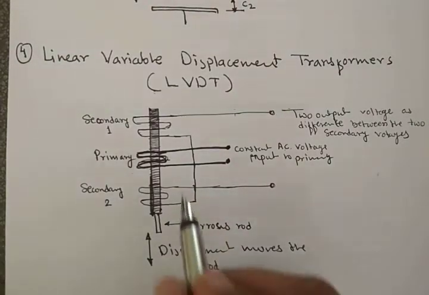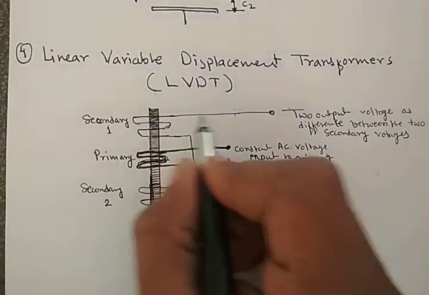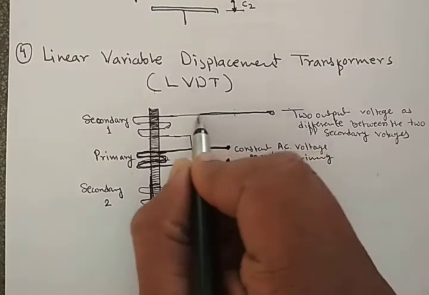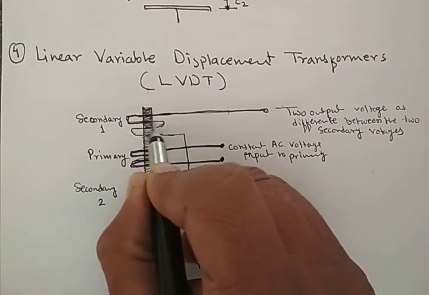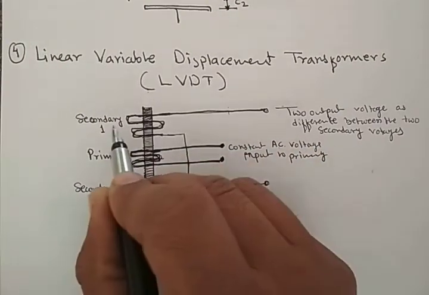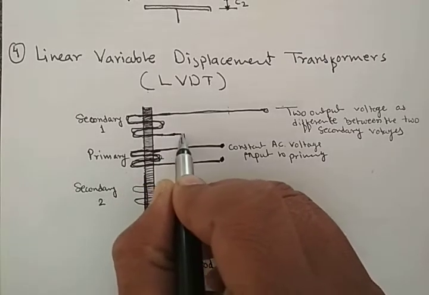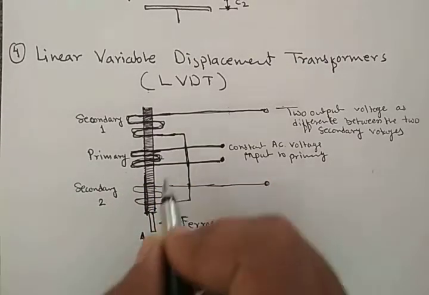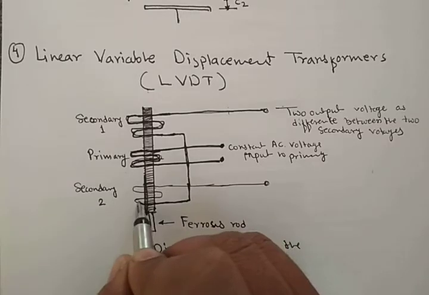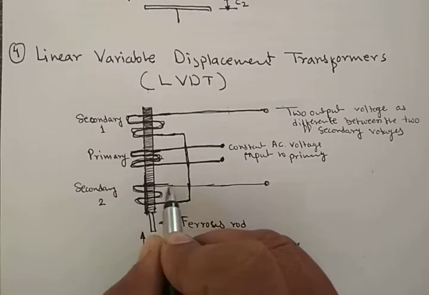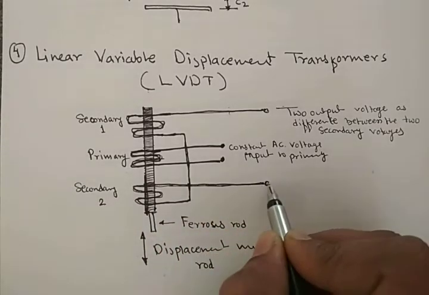And we take the secondary coils, which are connected to each other like this. This is the first secondary coil, and the same coil is also connected to secondary coil number 2 here.